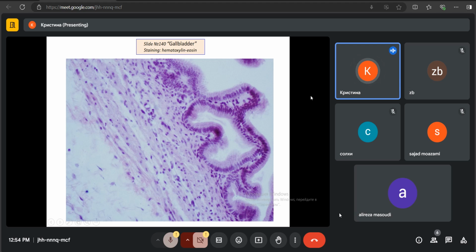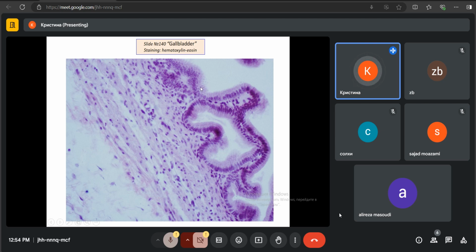The same at high magnification. We see here mucosa, muscularis, and adventitia. There is no very sharp border between those layers. We can differentiate the muscularis by the shape of the smooth muscle cells, which have more elongated nuclei than the nuclei of the surrounding connective tissue.